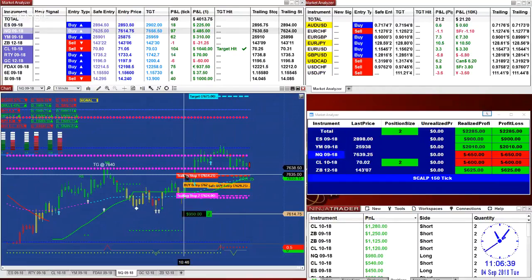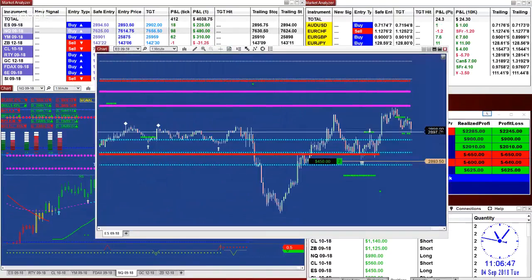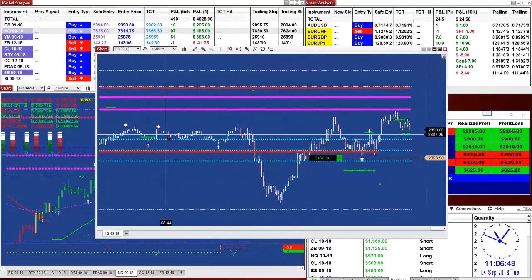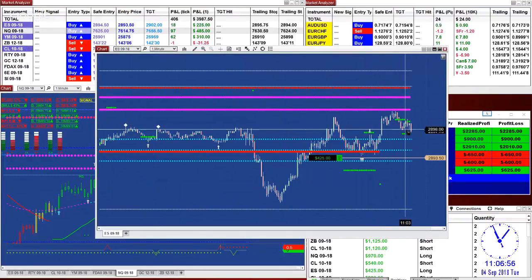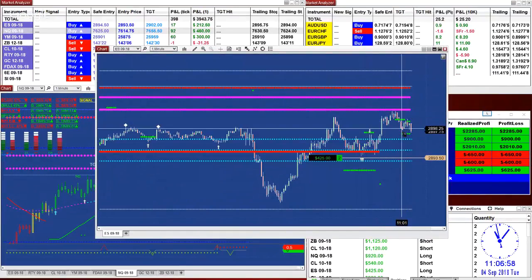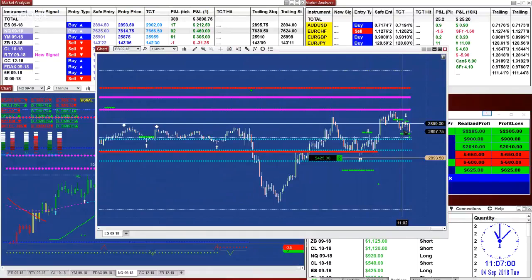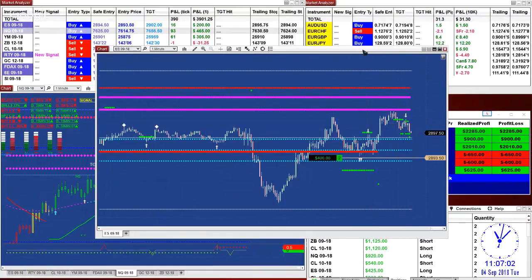I don't have a crystal ball. But when you get up in the morning, before you start turning on your auto trade, look at an empty chart and look at where you are with that market. Right now, the ES is sitting between two projections. If I want to auto trade ES right now, I will wait.